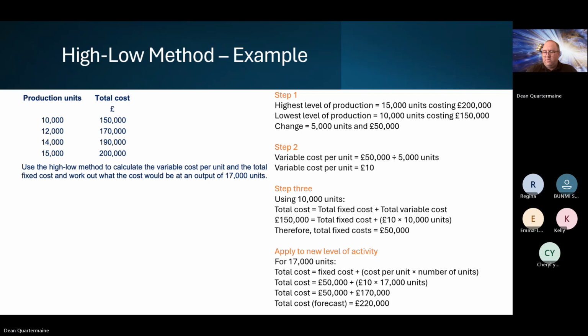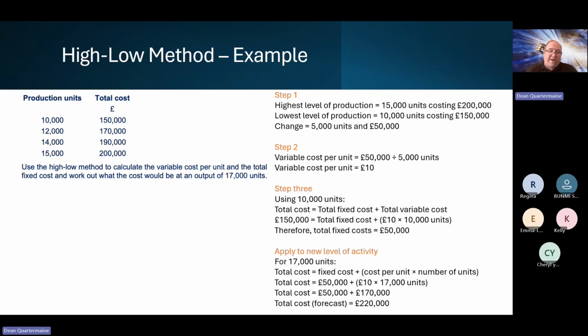So the total variable cost is £100,000, and the total cost is 150,000. By rearranging that, the total fixed cost must be £50,000.